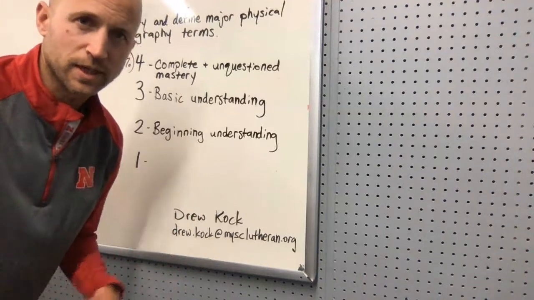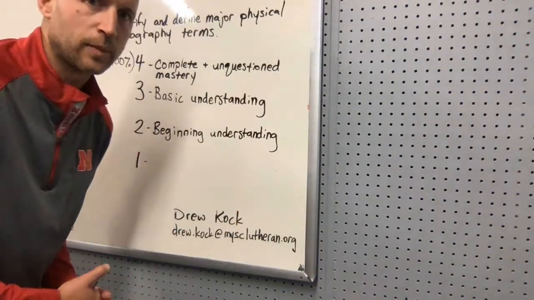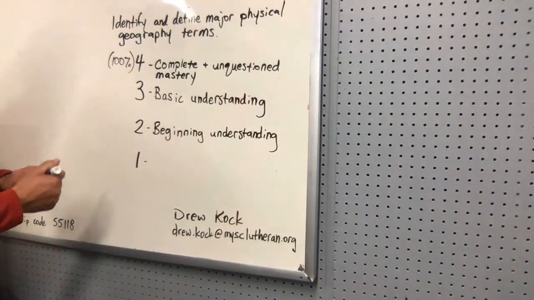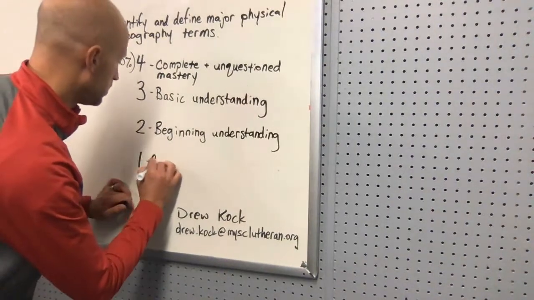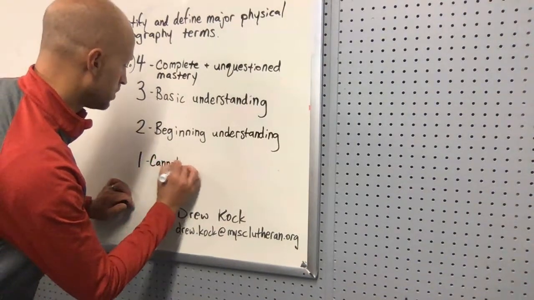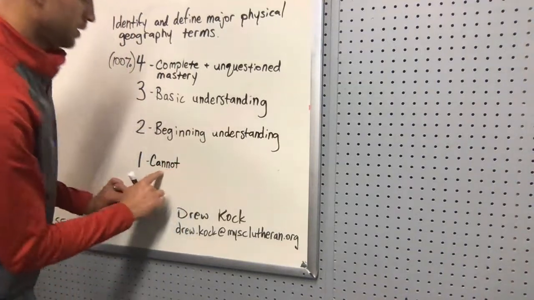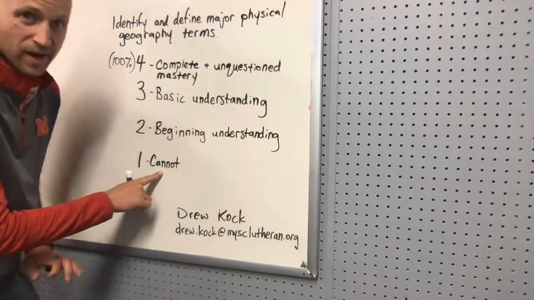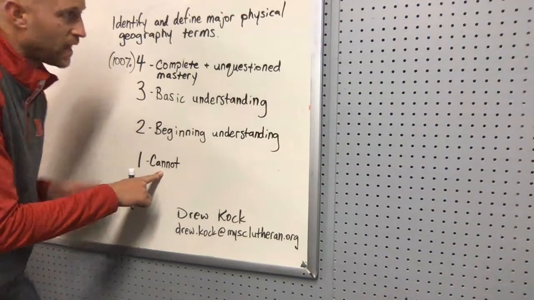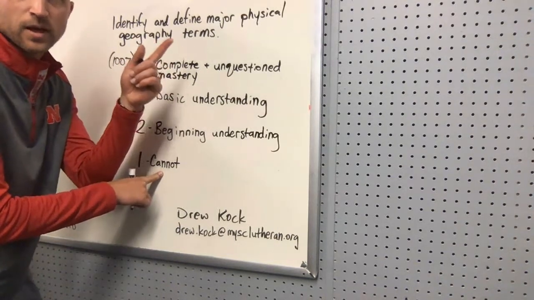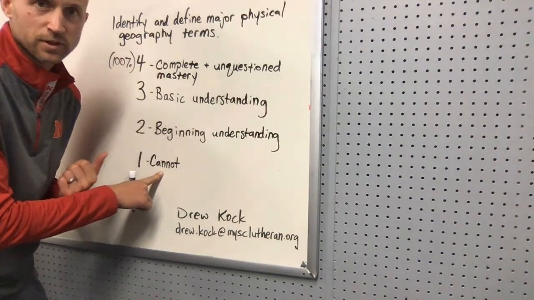Hopefully that makes some sense, and I think it will as the year keeps progressing. Okay, so that's a 2, and then a 1 is that right now you cannot identify and define major physical geography terms.